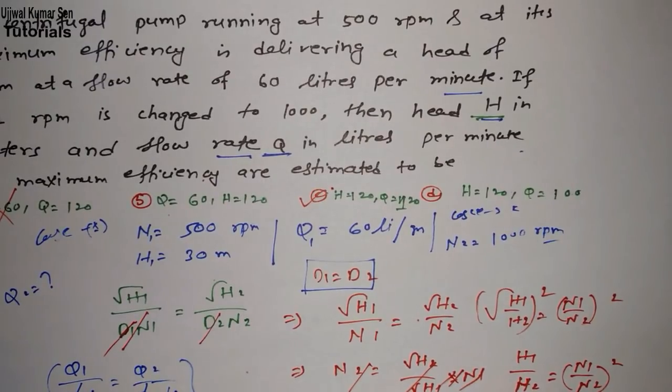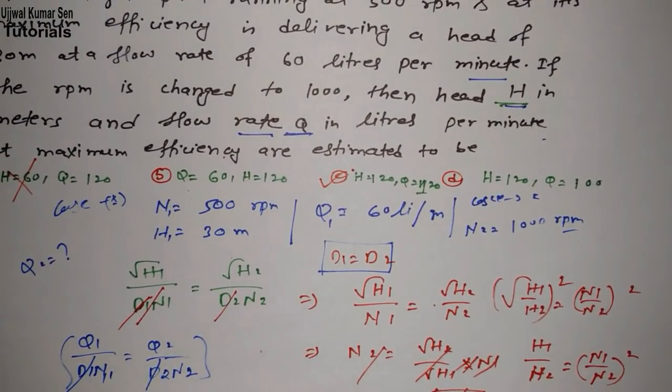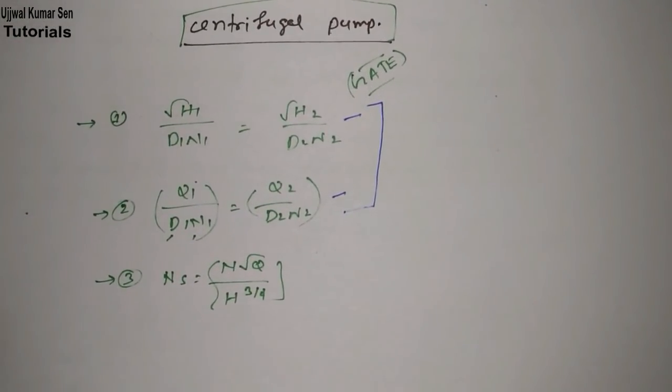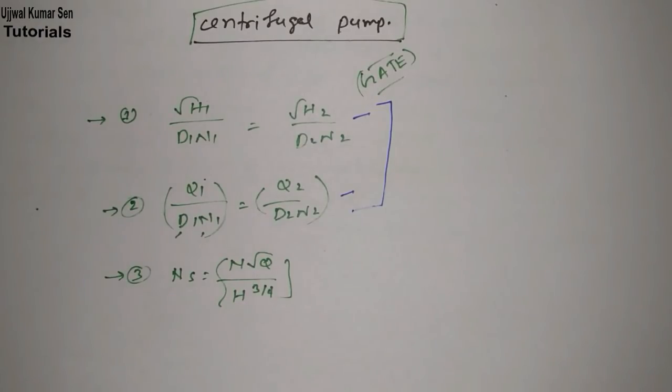Now let's review it again, so that you will understand what exactly you need to find out. In the case of a centrifugal pump, I have shared with you that these three formulas are most important, and based on the first two formulas we got a question which was asked in GATE previous year.